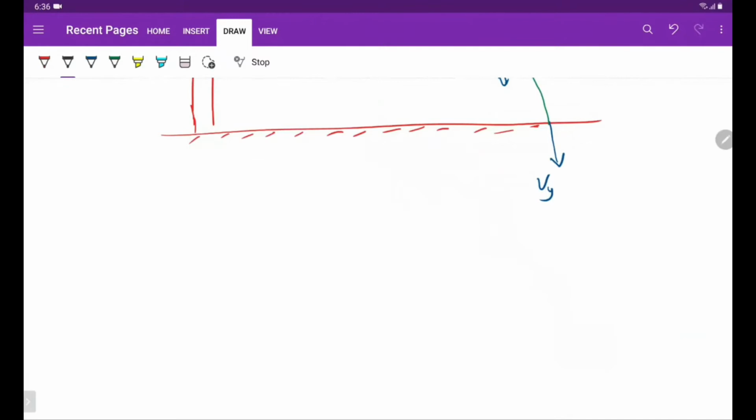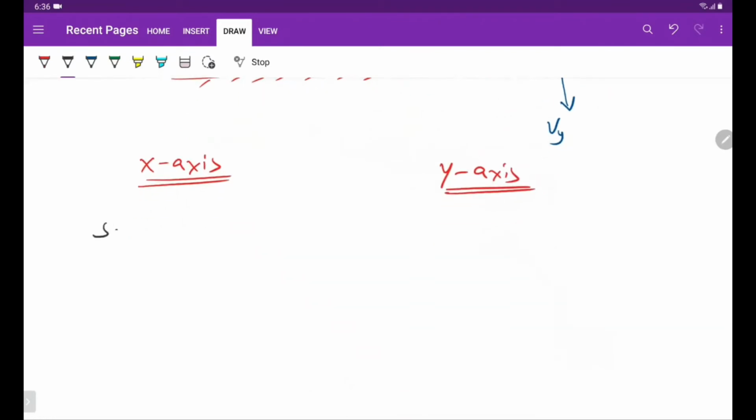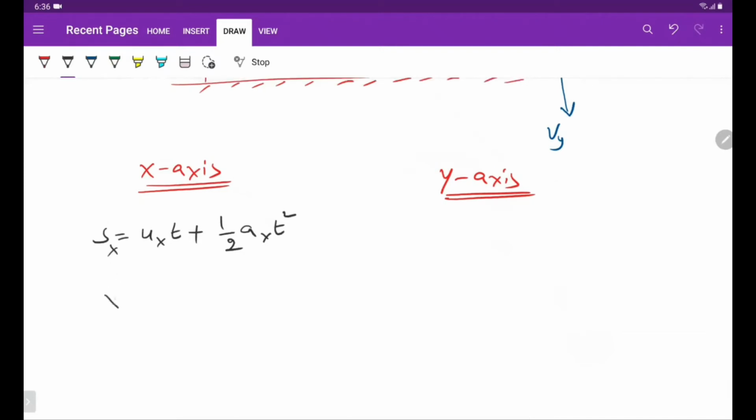Similarly, we can also calculate displacement along the x-axis and along the y-axis. Along the x-axis, s is equal to ut plus half at square. Apply the second kinematic equation. Along the x direction, is x positive or negative? Positive, because in the diagram the right side is positive.